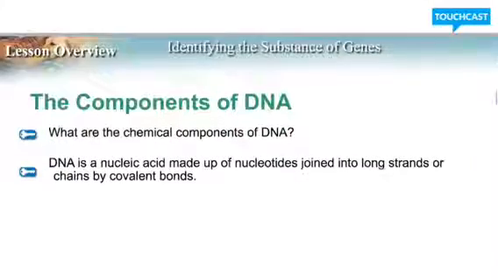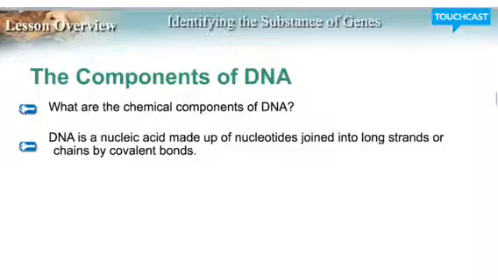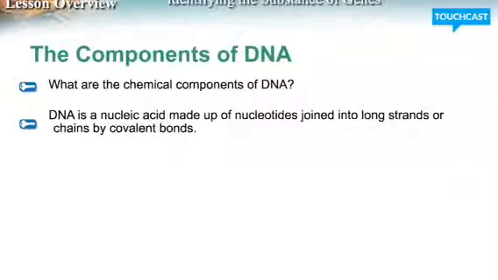The next thing that you need to know is, what is the DNA made from? There are a lot of biomolecules in the human body. Some of them are proteins, carbohydrates, lipids, and nucleic acids. We know carbohydrates are a source of energy.